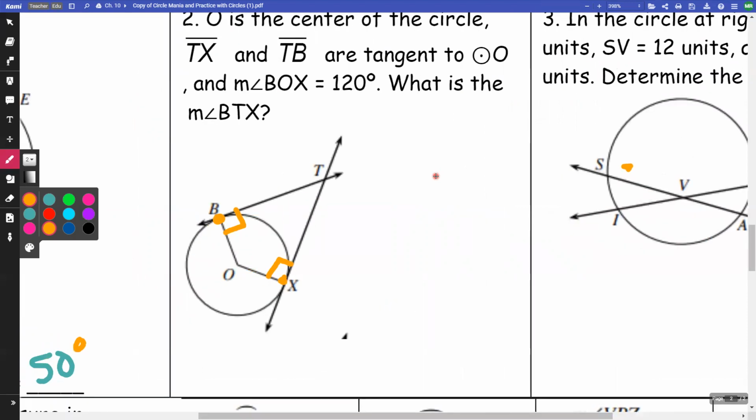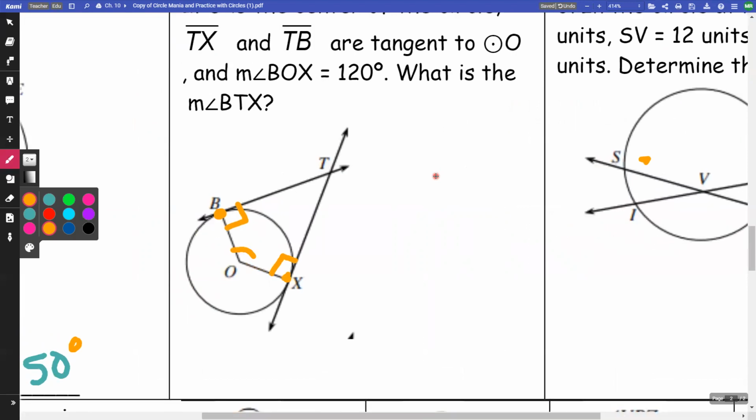So I know that this right here is 120 degrees. Okay, this right here is my 120 degrees. And when I cut this in half, that means that these are going to be 60 each. Okay, those are 60. And we want to find the measure of angle BTX.